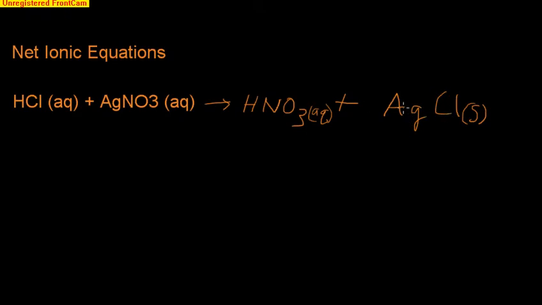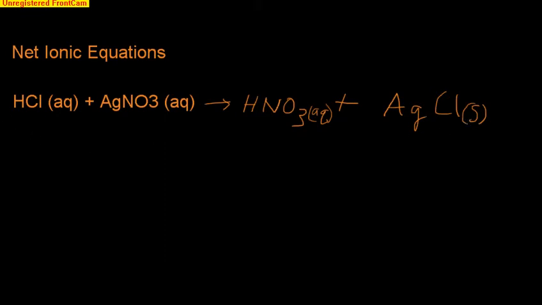Alright, so now that we've got that, the next thing that we need to do is break apart all of our chemical species that actually do separate in water. That would include HCl, AgNO3, and HNO3, because they are aqueous. This one will not because it's a solid, it is not soluble.